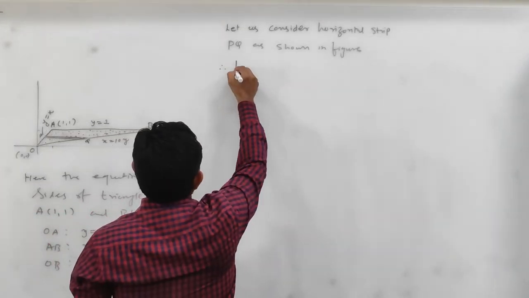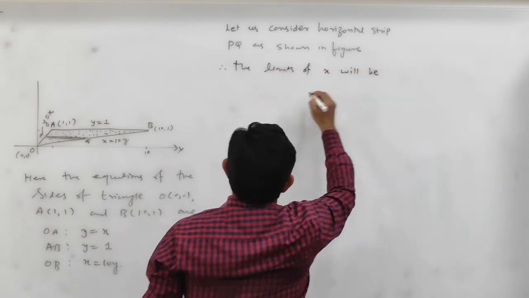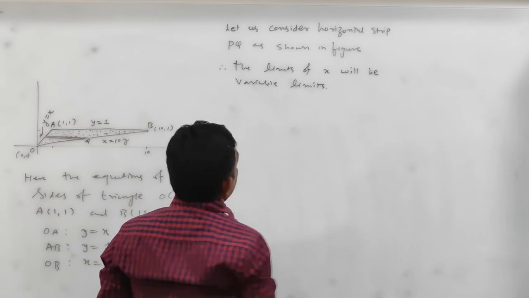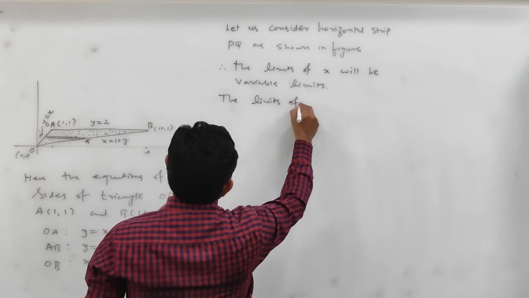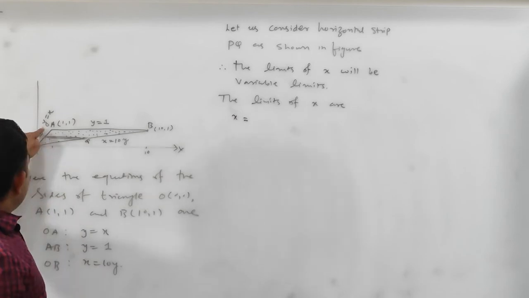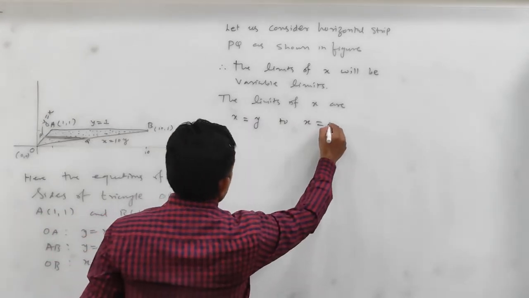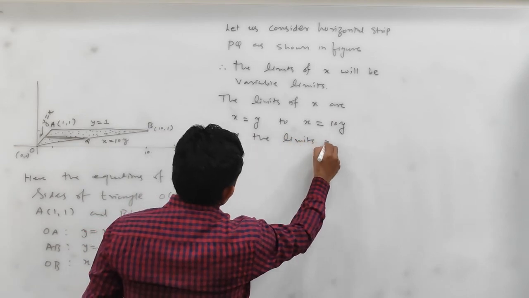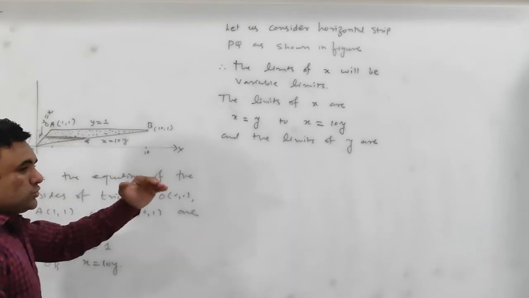So the limits of x will be variable limits. The limits of x are from where to where? x is equal to y to x is equal to 10y, and the limits of y are, now we move this horizontal strip vertically.